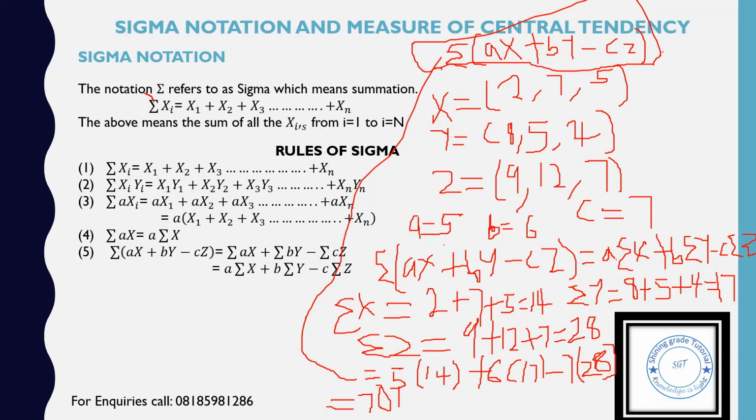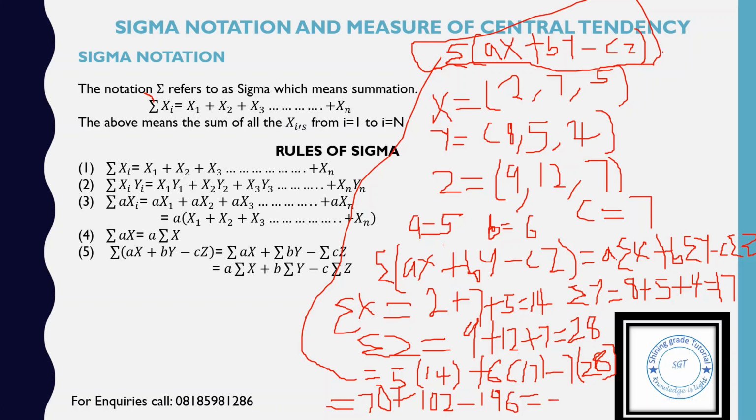6 times 17, I don't know that, let me use the calculator quickly. 6 times 17 is 102, plus, okay, minus 7 times 28, that gives us 196, and that will give us the final answer of minus 24.